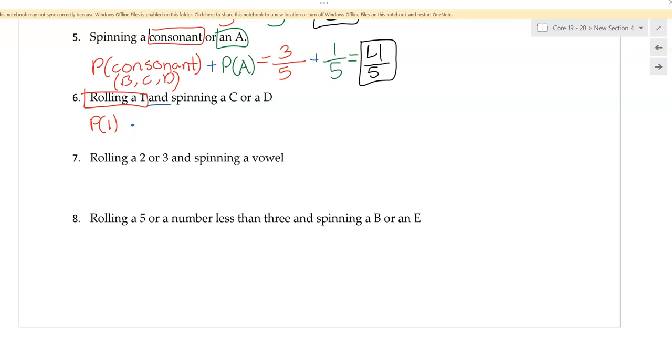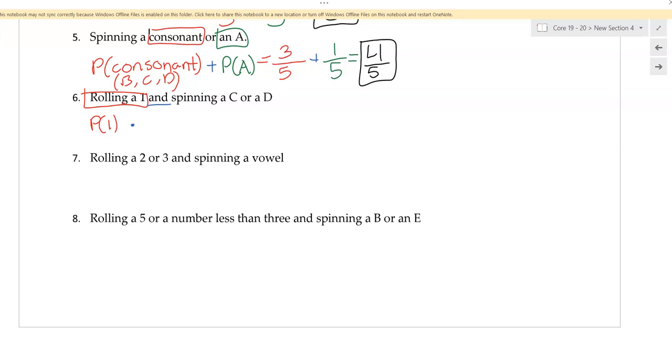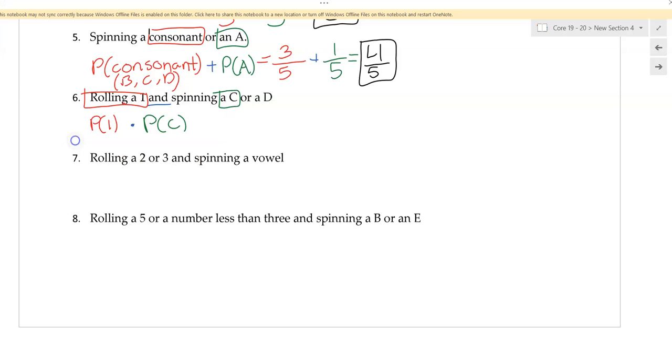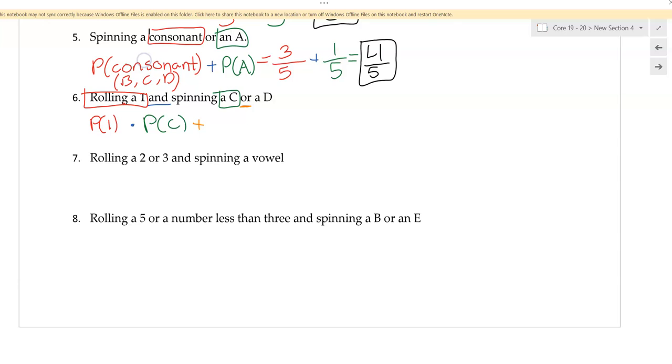That's going back to what we did yesterday or whatever day you worked on it. Spinning a C. And then or tells us to add a D.